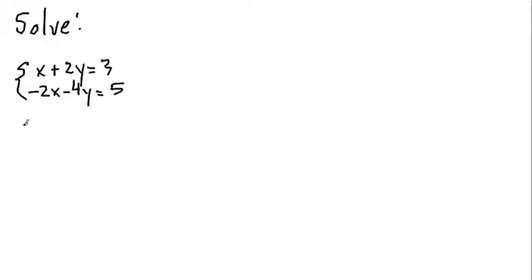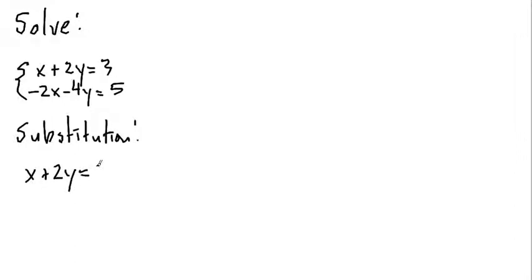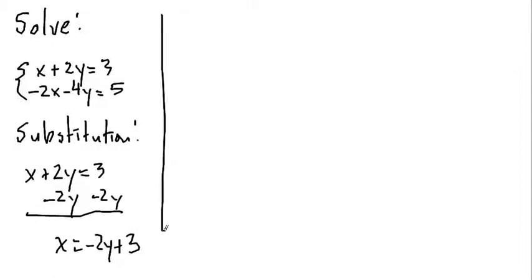Okay, let's try substitution because we can easily solve for x in the first equation. So let's take x plus 2y equal to 3 and solve for x. I subtract 2y from both sides, and I end up with the equation x is equal to negative 2y plus 3. Now I plug this into the second equation.